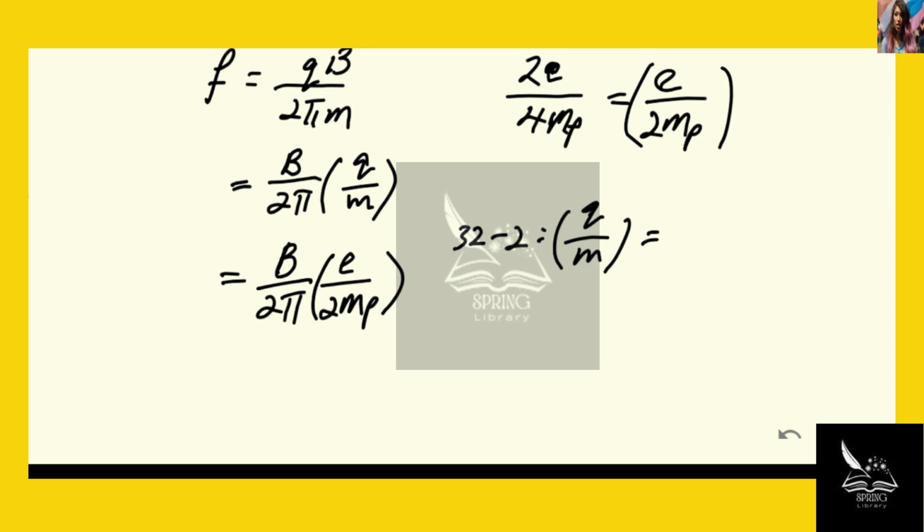So in this case we are just adding a factor of 2 in the denominator, so we just have to divide our frequency by 2. We should get 13 megahertz. So this would be our frequency.